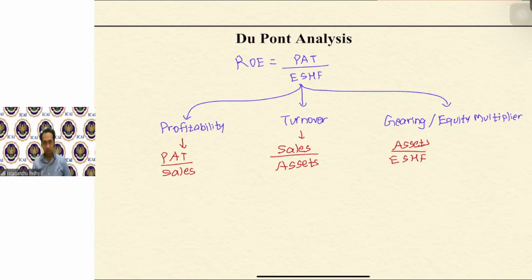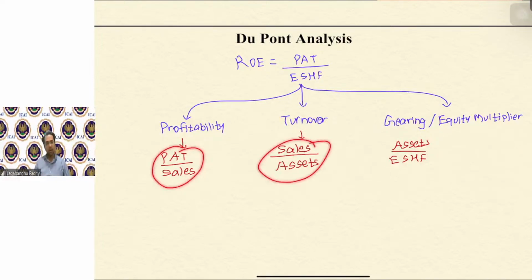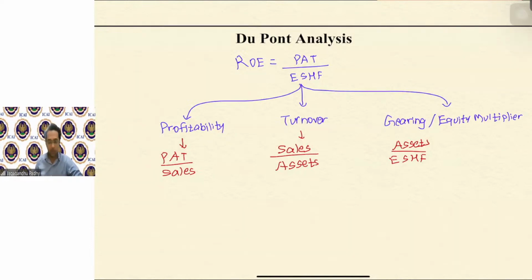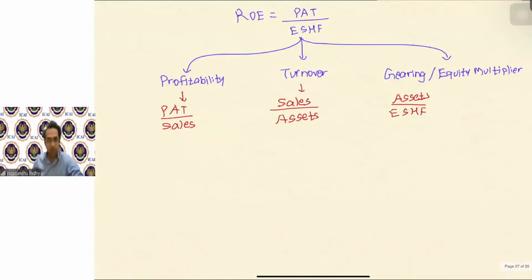If you look at this, you are just multiplying these three and you're getting the return on equity. Your return on equity is a result of your company's performance in these three areas: profitability, turnover, and gearing. The first portion says, what percentage of sales is profit?